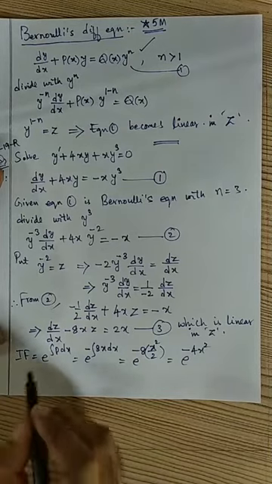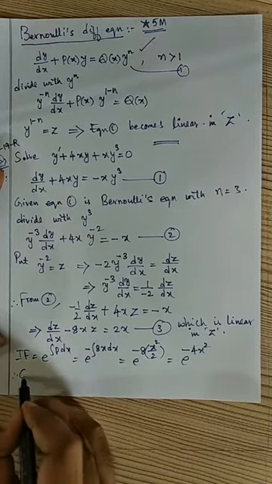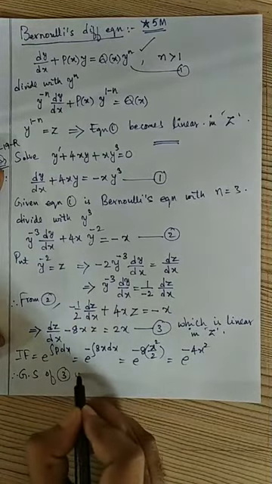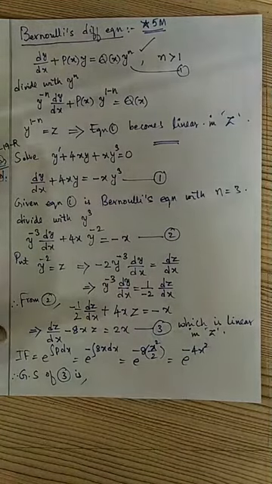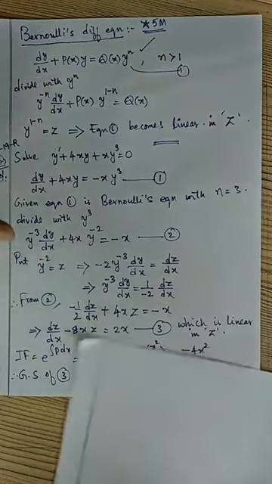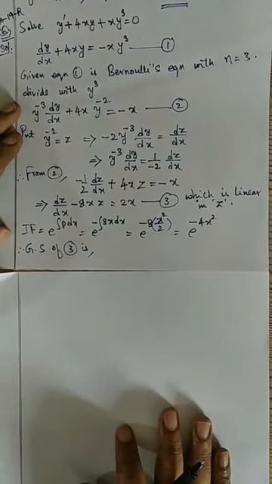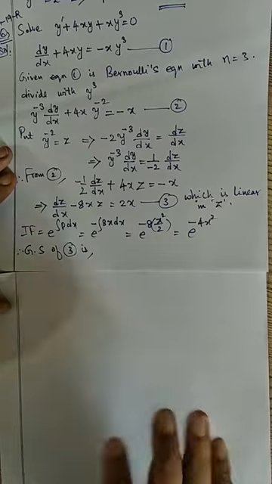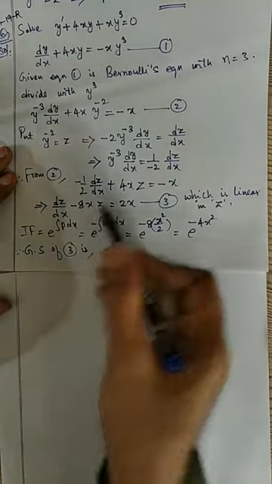Right? Then what we have to do? We have to find the general solution. Therefore, general solution of 3 is... So what we are doing, we are finding the general solution of 3, not the general solution of 1.